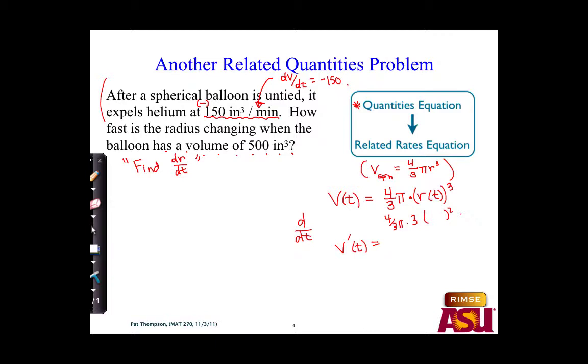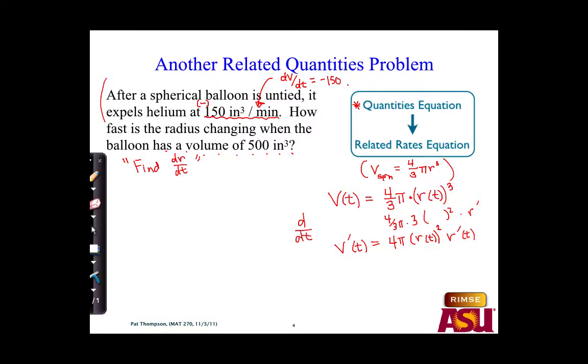The 4/3 and the 3 simplify to make a nice 4. And then I've got this inside stuff. R of t is still squared, or the radius at whatever point in time we're talking about gets squared, and then chain rule times the derivative of the inside, which will be r prime of t in prime notation. This is dr dt, dr over dt, otherwise known as r prime of t.